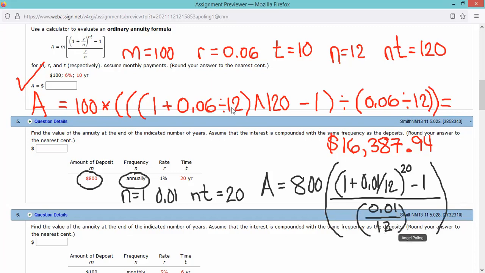And then you stick that in the calculator the way we have been. So 800 times, parentheses, 1 plus 0.01 divided by 12, end parenthesis, caret 20, take away 1, end parenthesis, divide by parenthesis 0.01 divided by 12, end.